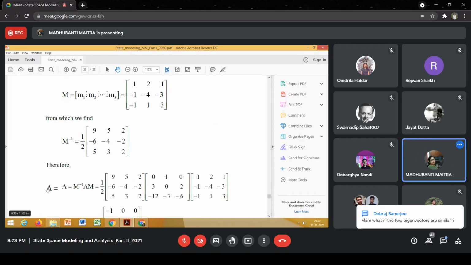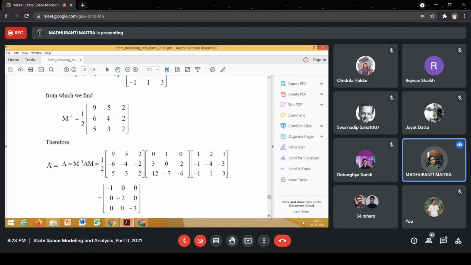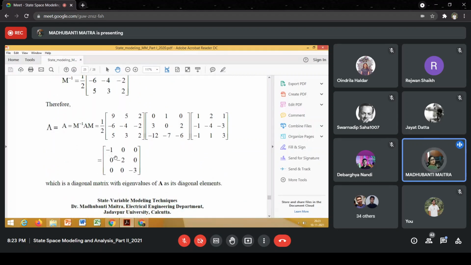The diagonal matrix will be M inverse A M. This is our M inverse, this is our system matrix, the non-diagonal system matrix A, and this is our M. If you multiply these, you will find that the resultant matrix is a diagonal matrix, and the diagonal elements are the eigenvalues of the system matrix A, which are minus 1, minus 2, minus 3.